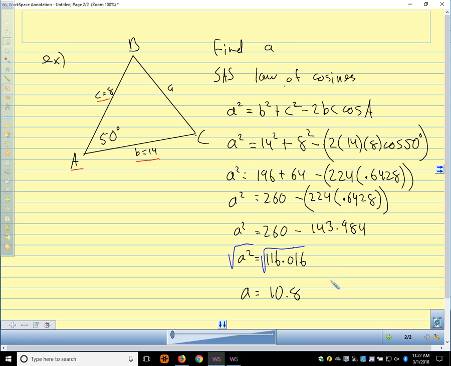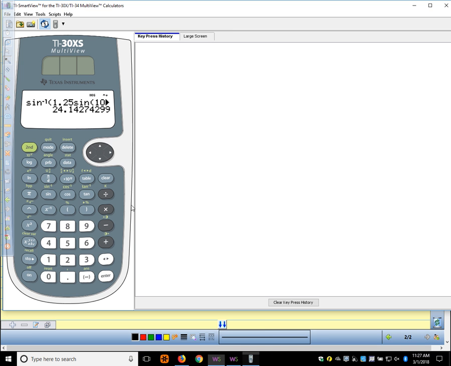Let me go back to here, and I'm just going to show you how to plug that into your calculator all at once, if you have this type of calculator. With law of sines and law of cosines, it won't be in simple radical form because you'll almost always have decimals.